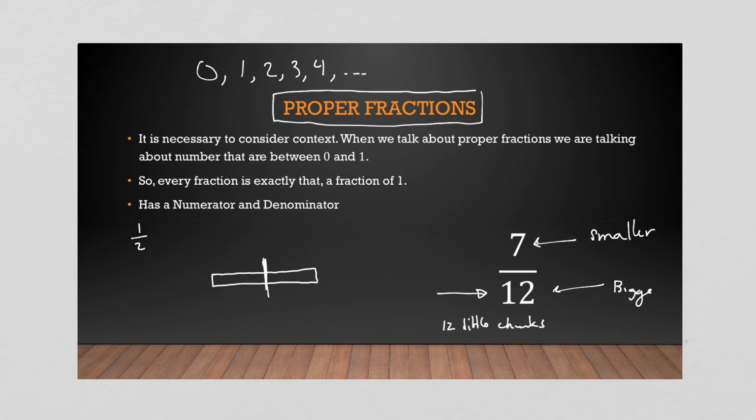If you have 0 out of those 2, you have 0, so we're not coloring anything in. If you have 1 of those 2, you have what looks like this, which is 1/2. That's all a fraction is. And when you get to 2 out of 2, that's 1, so you have the whole thing again. That is a fraction. It's part of the 1. It's what that looks like.